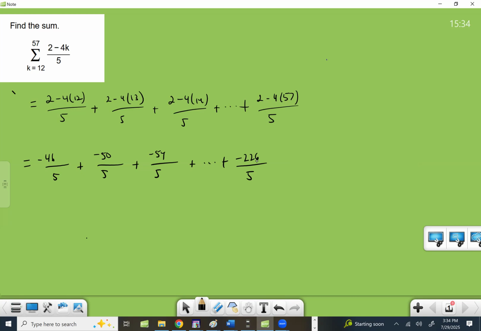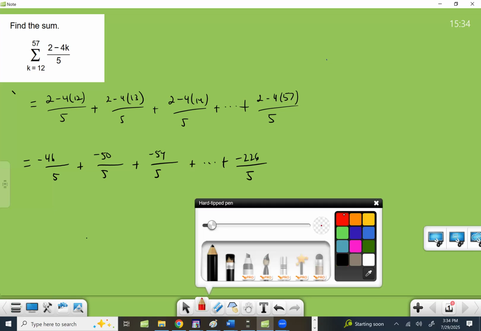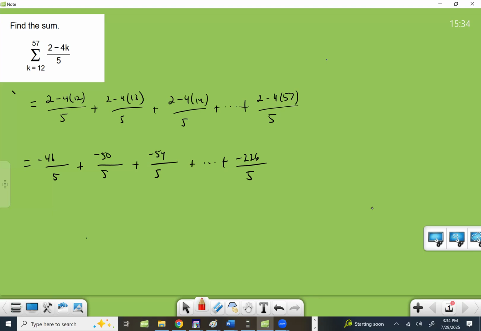What am I adding or subtracting each time? I could express it as adding a negative thing. One thing I want you to notice is that the top is getting smaller by 4. I'm taking away 4 every time, so from one term to the other, I'm subtracting 4 fifths.